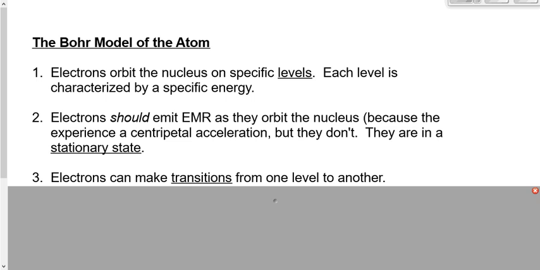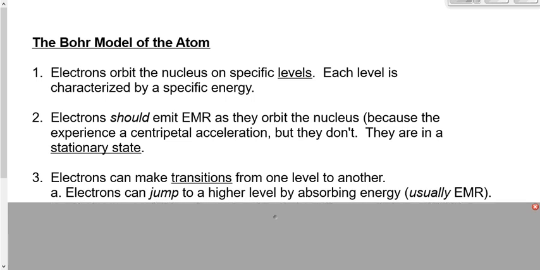You better have consumed energy. You better have absorbed energy because it's a big climb. It's a big climb up there to row 20 in the Sport Check zone. You better have eaten your Wheaties in the morning or had a Red Bull before you arrived at the rink or something. Because in order to jump to a higher level, you need to absorb energy.